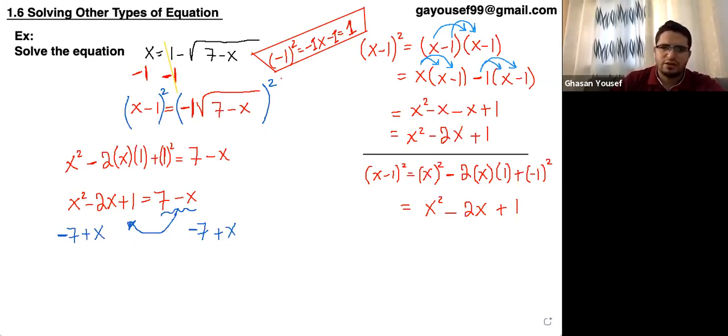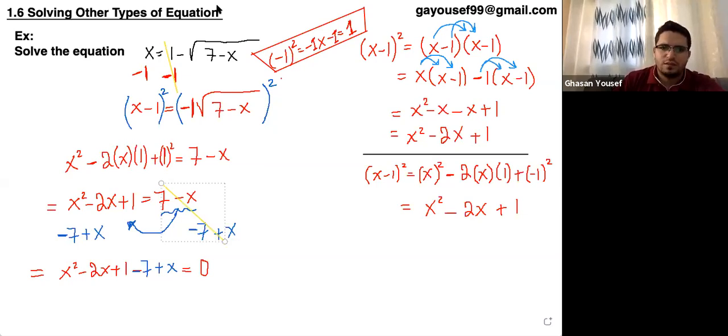So my new step is x squared minus 2x plus 1 minus 7 plus x equals 0, because the other side cancels out. So here is 0.